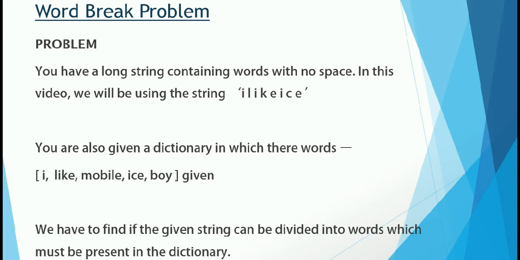The problem statement is that you need to find if the given string, which in our case is ILIKEICE, can be divided into segments or substrings where all of those substrings must be present in the dictionary. All right. Okay, this will be very much clear in the next slide.